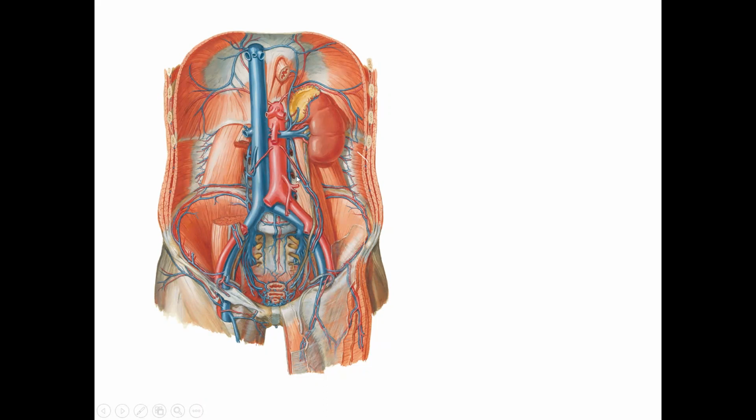So all vessels on the left side join the renal vein, and we said from above the suprarenal, from below the gonadal, they join the renal vein, and the renal vein crosses over to the right side and joins the inferior vena cava. The right renal vein obviously is anyway close to the inferior vena cava.